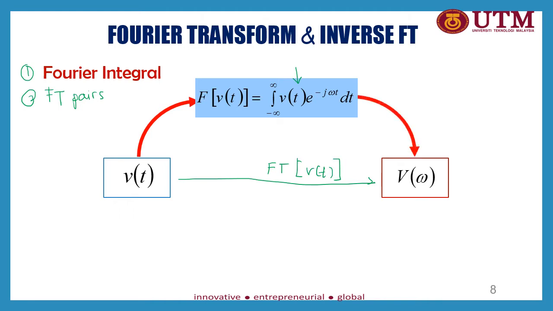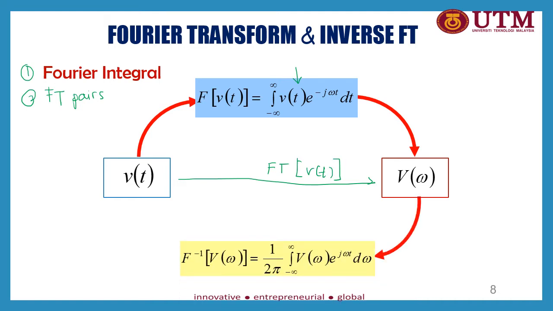Then you get the Fourier transform of signal v(t). And in order to get back the signal in the time domain from the frequency domain, you need to do the inverse Fourier transform by again integrating V(omega), and then finally you will get v(t), the signal in the time domain.